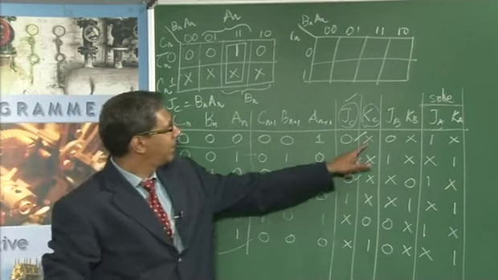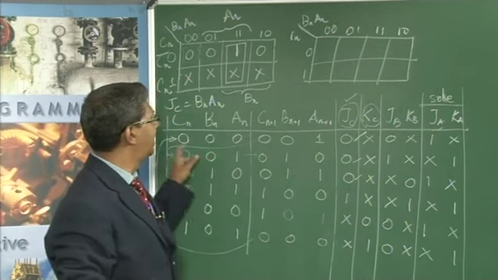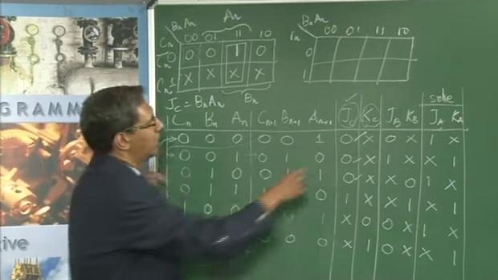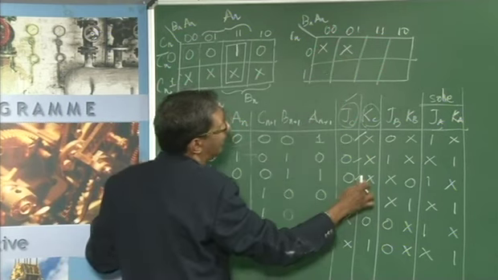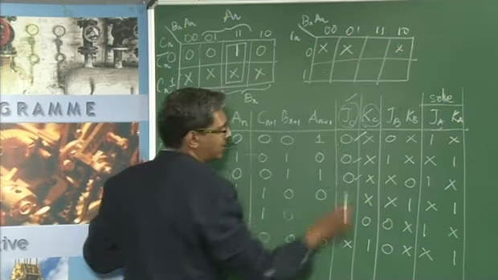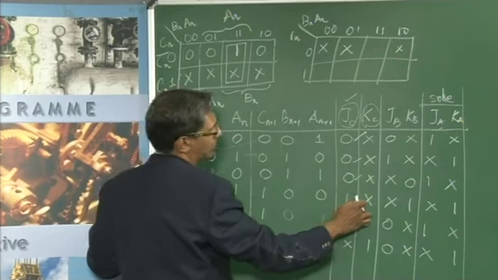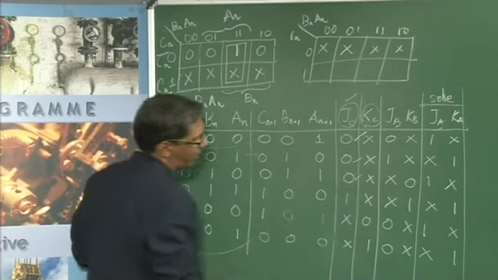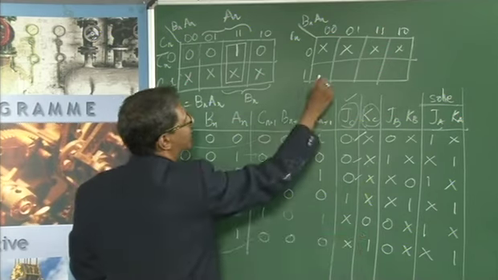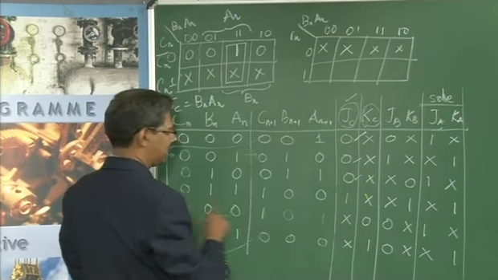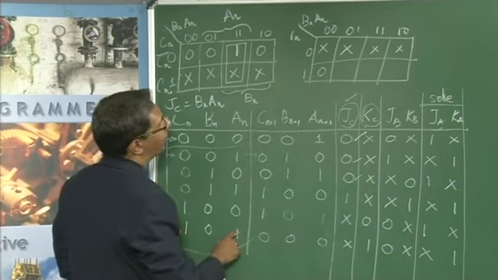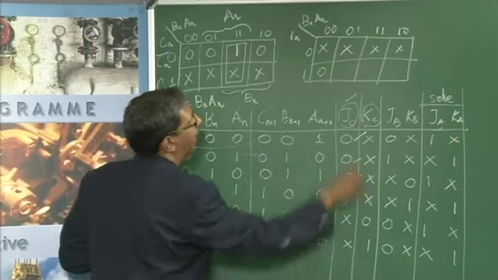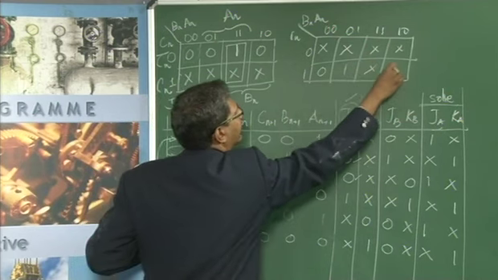Now, what are these values? Straight away go on writing. When it is 0, 0, 0, it is x and so on. So 0, 0, 0 is x, x, third is x, remember third is there, fourth is also x. What about the fifth one? It is 1, 0, 0. So fifth one is 0, 1, 0, 1 is 1. The rest all are don't care.